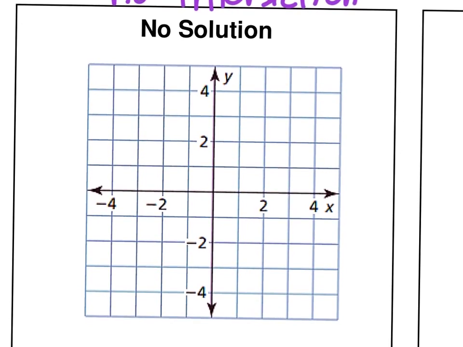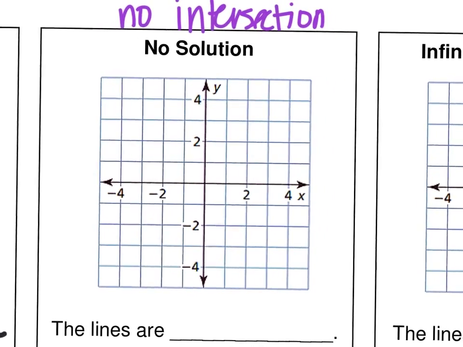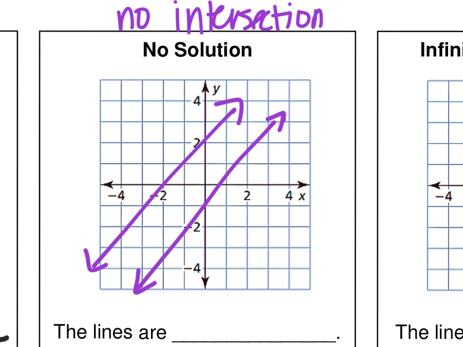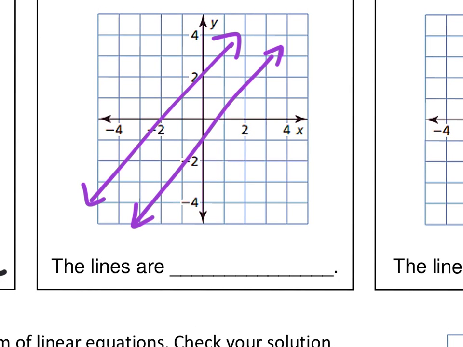The only kind of lines that have no intersection are parallel lines. So a system with no solution is going to be a system like this. The lines are going to be parallel.